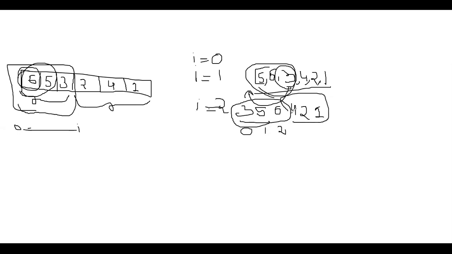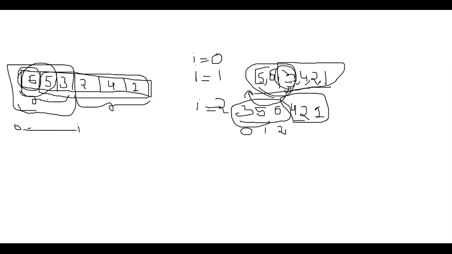For I is equal to 1, this subarray is not sorted. For I is equal to 0, this subarray was not sorted. Does this make sense? Anybody who did not understand this part?